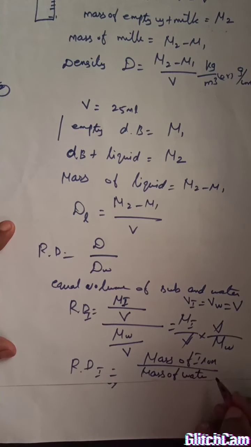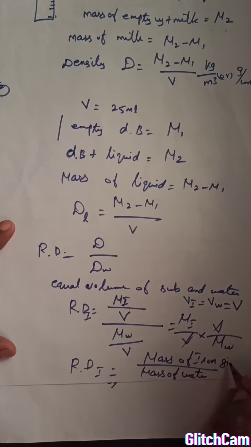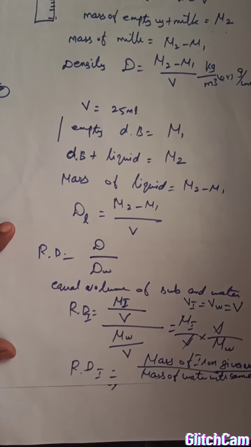water. Mass of iron with a given volume, that is important. That is a special case here. Upon mass of water with the same volume. I hope you understood.